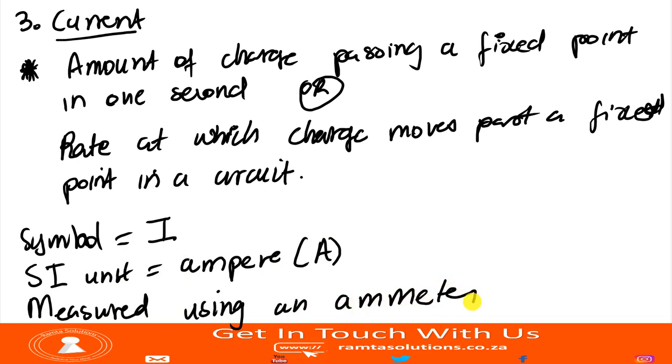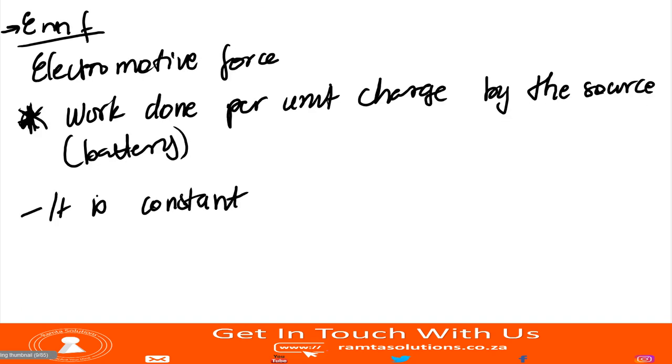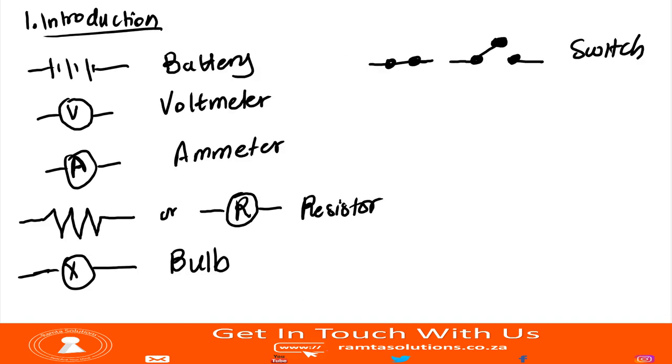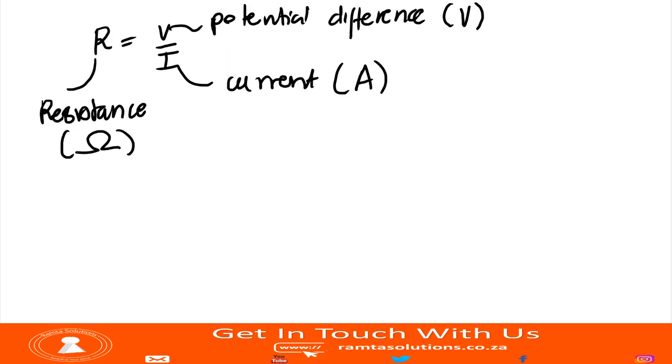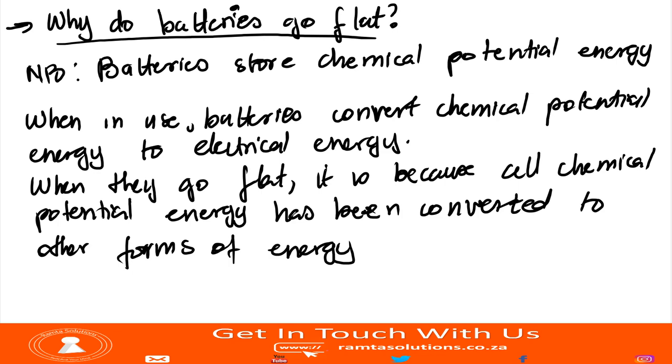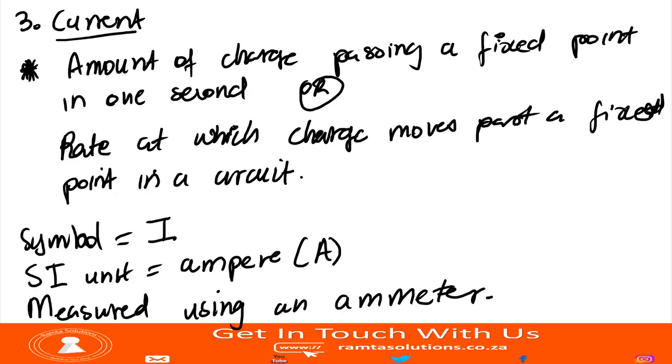Let me go to the first page so we can see what an ammeter looks like as a reminder. So this is an ammeter. So current is measured using an ammeter.